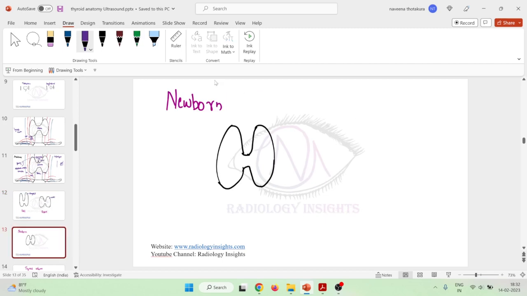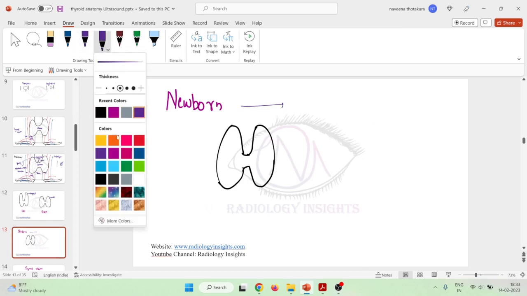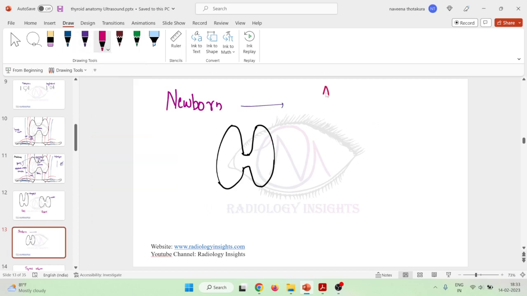If you see in newborn babies, the most important diameter of the thyroid gland is the anteroposterior diameter. The AP diameter is the most important diameter in the thyroid gland, right?